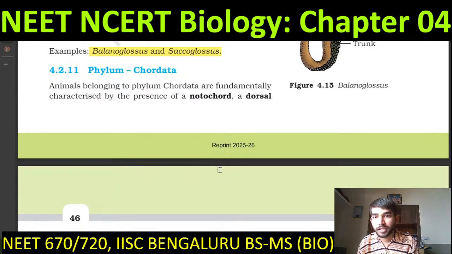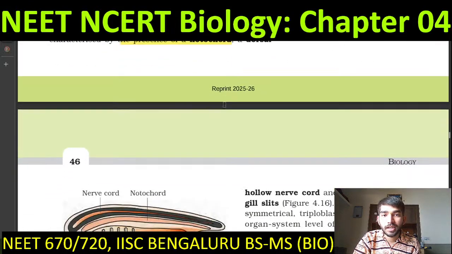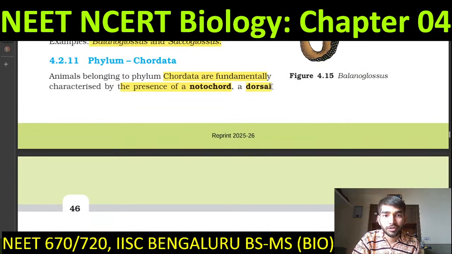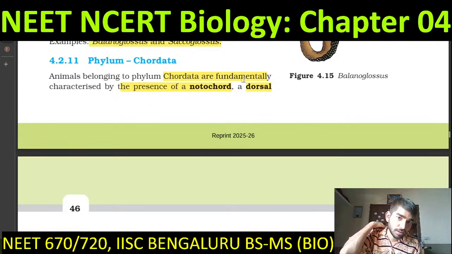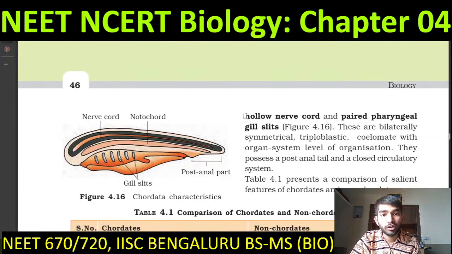Now next is Chordates. Animals belonging to phylum Chordata are fundamentally characterized by the presence of a notochord. As I told you, presence of notochord is one of the defining features of chordates, and a dorsal, meaning on the back side, not on the belly side, hollow, single nerve cord usually, and paired pharyngeal gill slits.